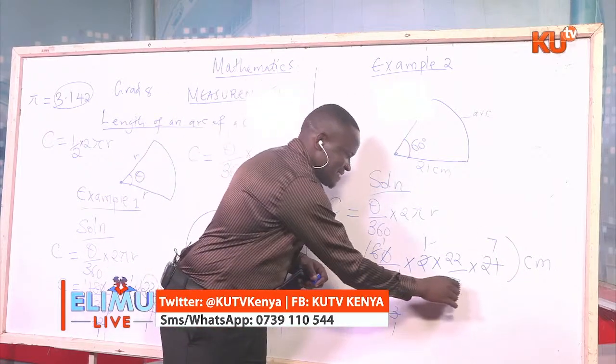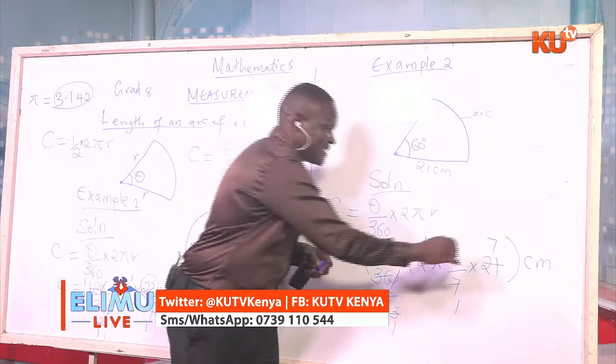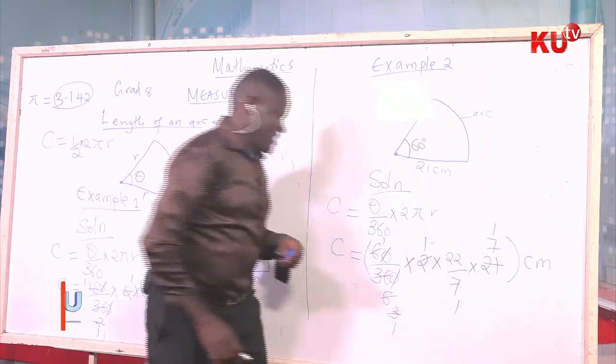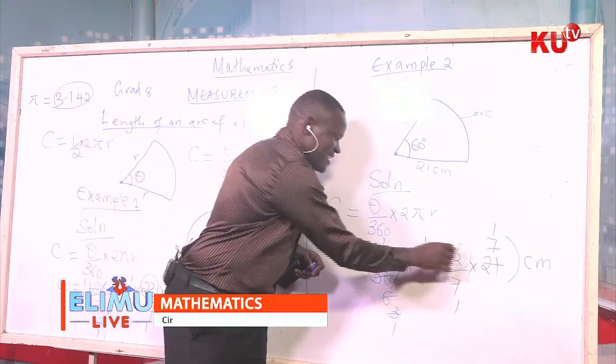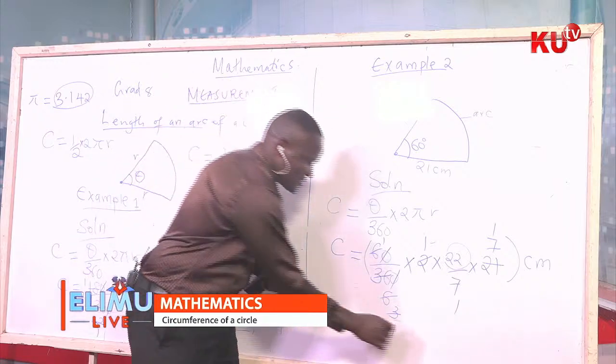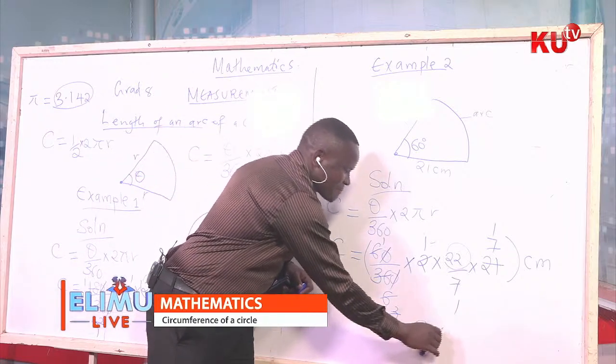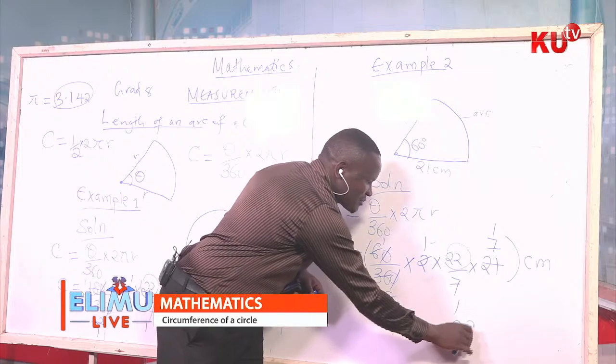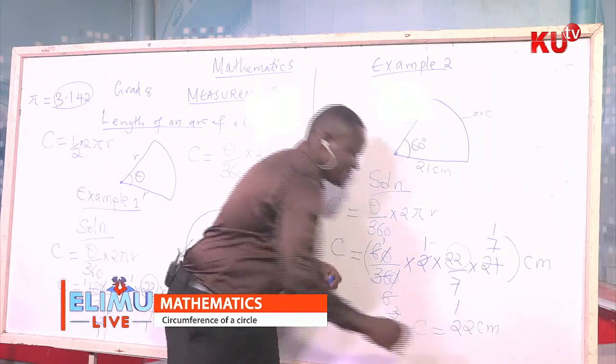Then finally 7 into 7 once, into 7 once. We are left with 22. So circumference therefore will be equals to 22 centimeters.